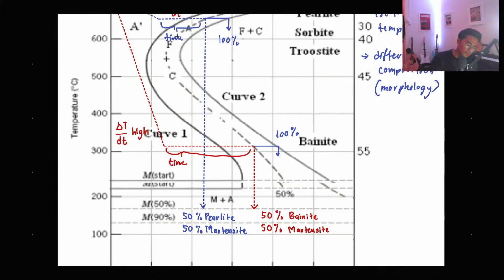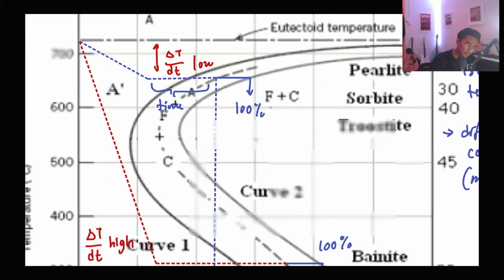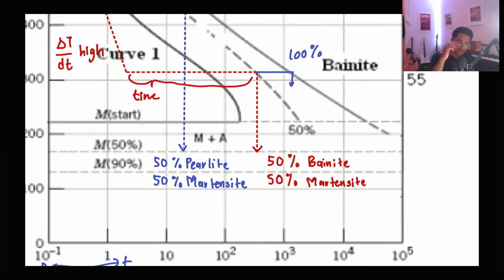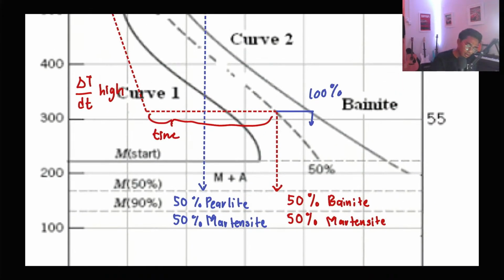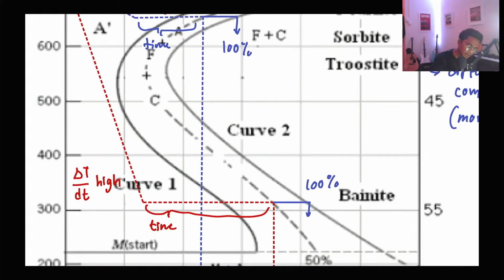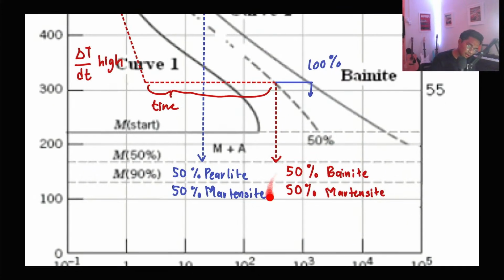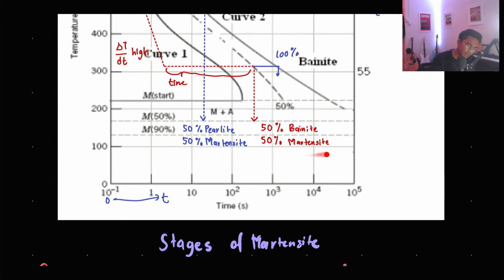So you would stop in the middle of the curves here. The points where the process hits the curves mean different compositions. This one you get 50% bainite, this one you get 50% pearlite. In the end, you also get martensite.